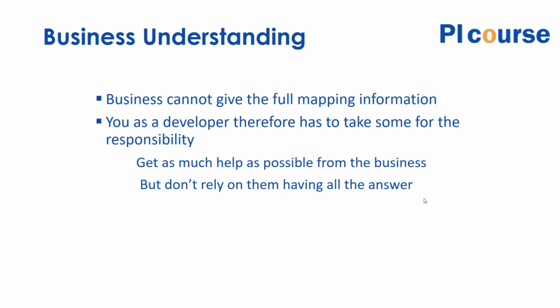And especially if you have a standard document like a B2B standard, the business guys may not always know these things, so you have to challenge the business, saying, hey, we've got this field, where can I get this from the document?